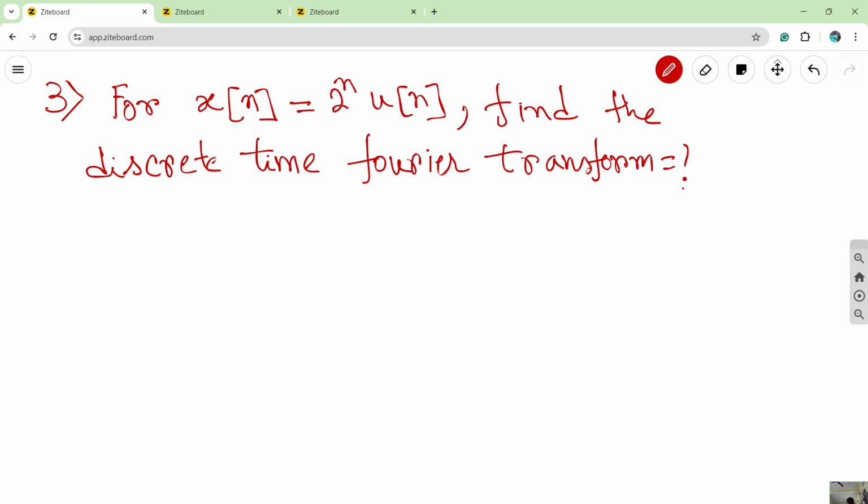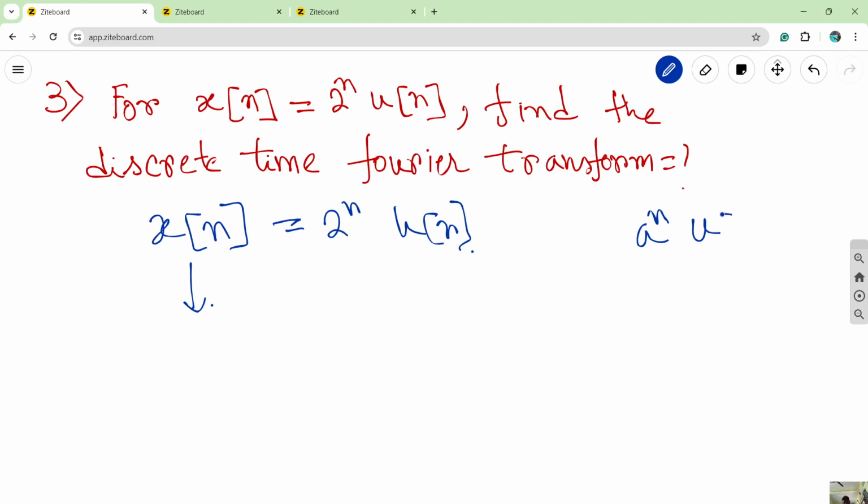Okay. Just solve this one too. So x of n is 2 to the power n u of n. From the properties, we know that it is in the a to the power n u of n format.